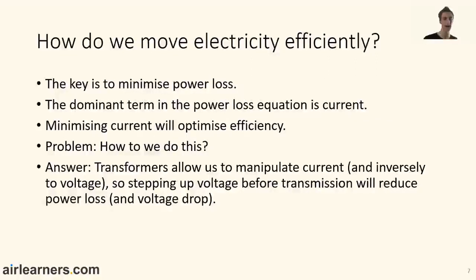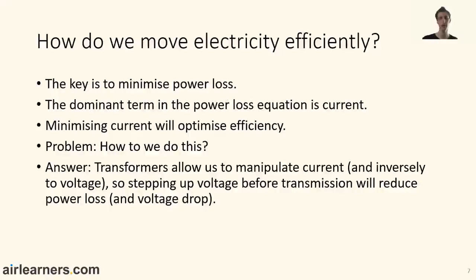So the really big question, not just within this, but how do we move things efficiently in general, is a problem that has been on the mind of physicists and, funnily enough, economists in different senses, to try and build an efficient system. So what we want to do in our case with transmission lines is minimize that power loss.